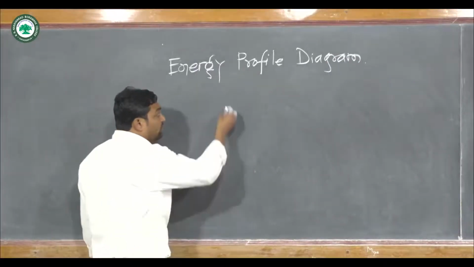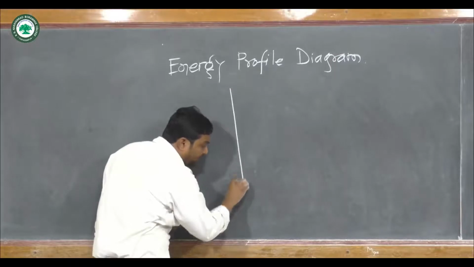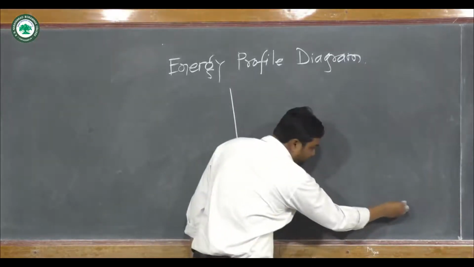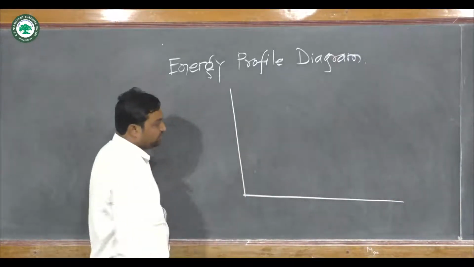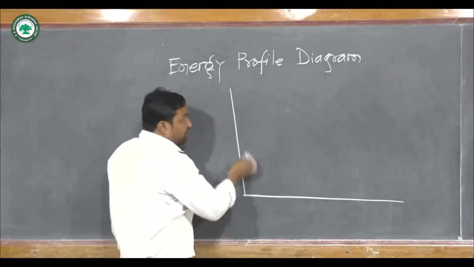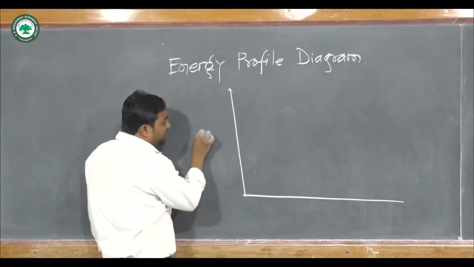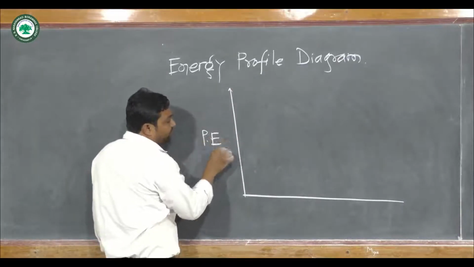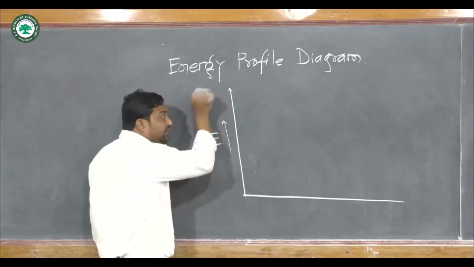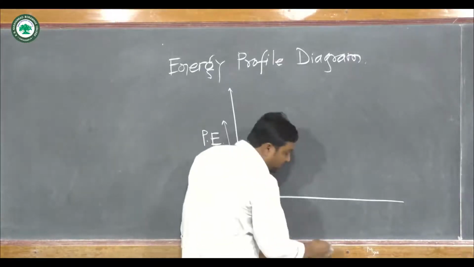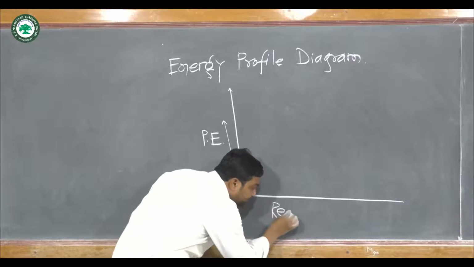It is plotted with potential energy, which increases in this direction, against reaction coordinate.